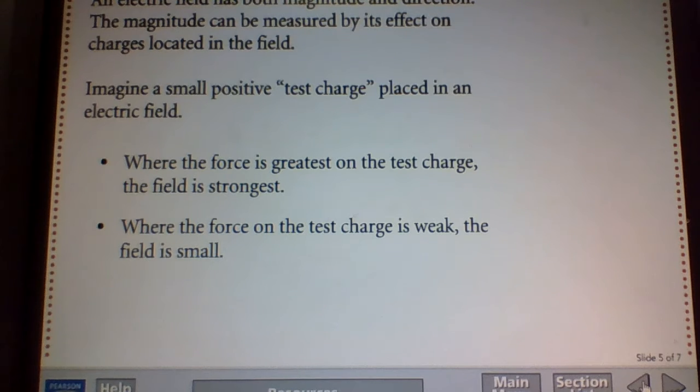If it's a negative charge, it's going to pull the test charge towards it; it's going to be attractive. If it's a positive charge, it is going to push the test charge away. The force is always greatest, with the strongest magnitude, the closer you get, and it's the weakest the farther and farther away that you get.